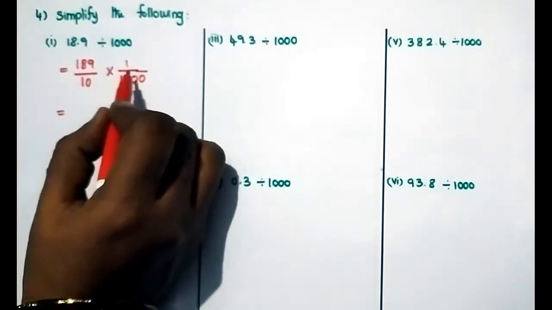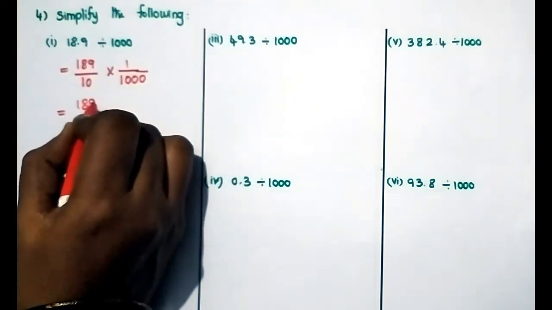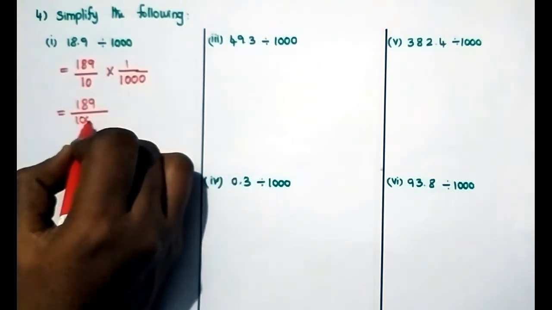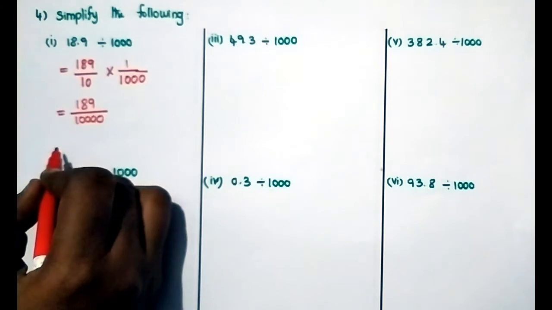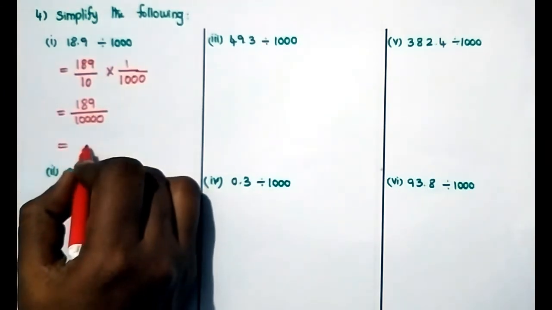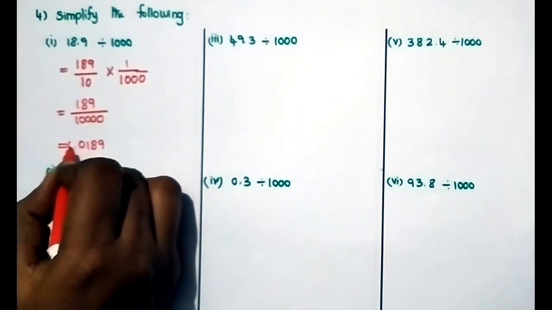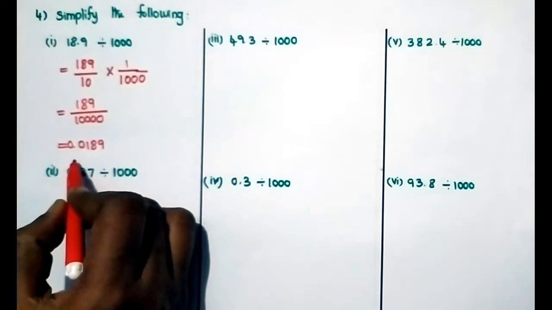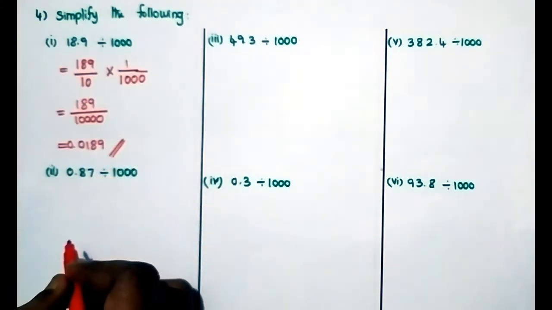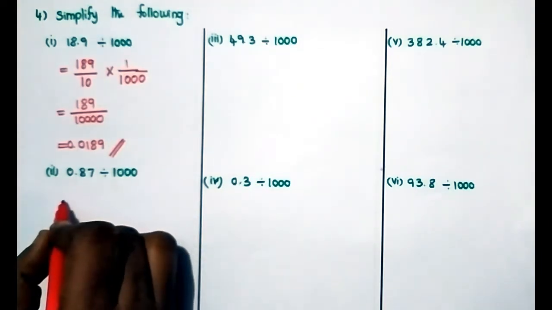Now multiply the numerators. 189 into 1, 189 divided by 10 into 1000, 10,000. So what is the answer here? Before 4 digits we have to keep the point, add 0 and then we get 0.0189 is the answer.